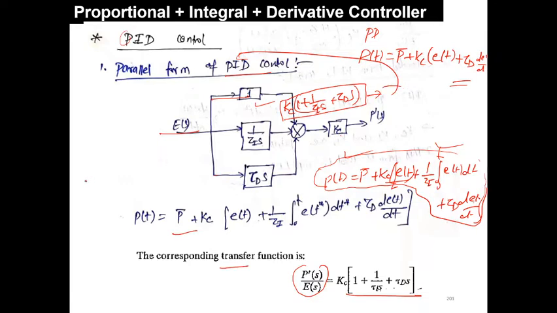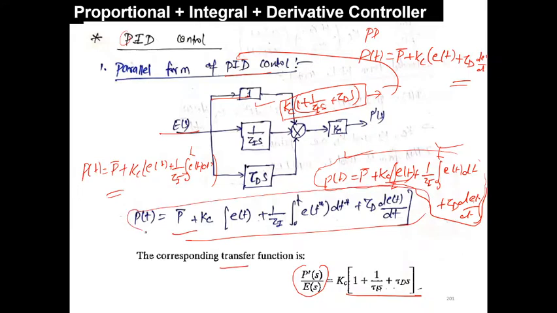For the PI controller, P(t) equals P bar plus Kc into e(t) plus 1 upon tau I integral of e(t) dt. So this is the PI controller, nothing else. When all the components are combined, it becomes the PID controller, right? So this is the parallel form of the PID controller.